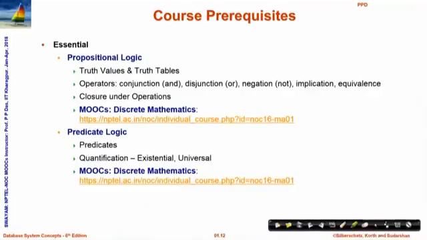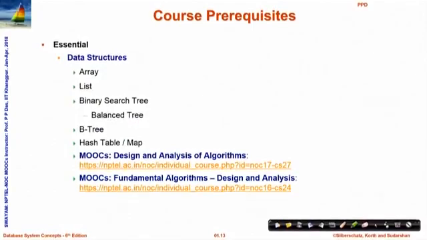We do not need very advanced concepts here, just basic level familiarization will help, and the same MOOCs course on discrete mathematics would be of help in case you need to brush it up further.